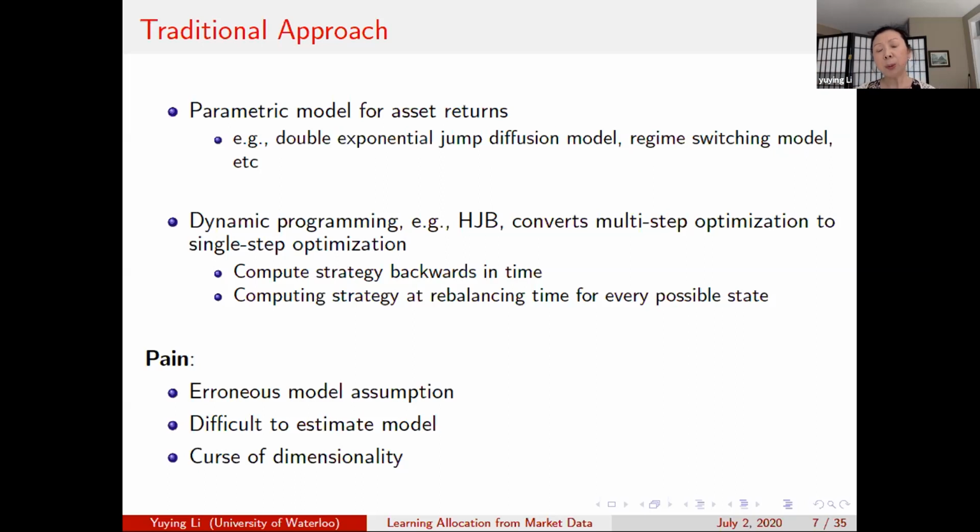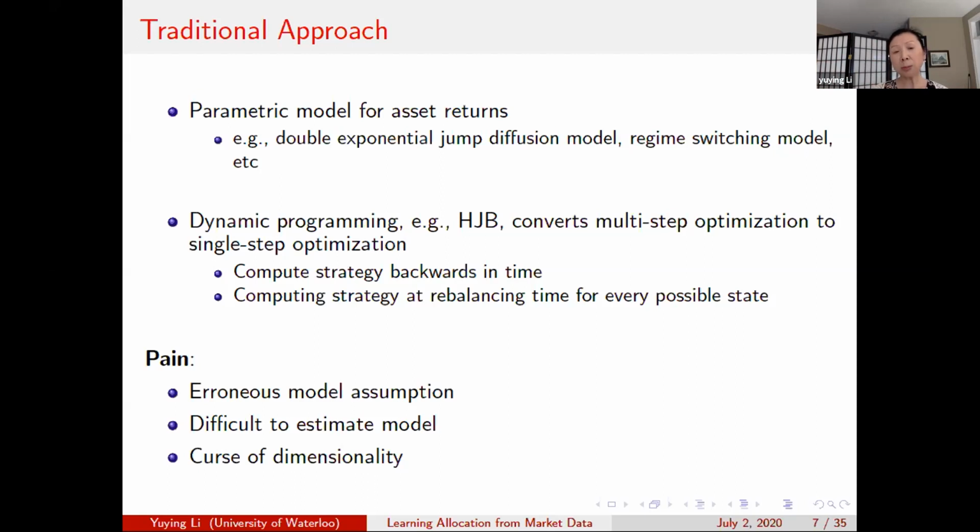Now, the issue with this approach is that we have the curse of dimensionality. When we do it in this way, we need to compute the optimal strategy at every rebalancing time for every possible market state. And then we have an exponential blow-up in computational complexity.